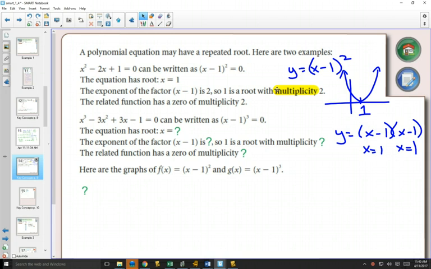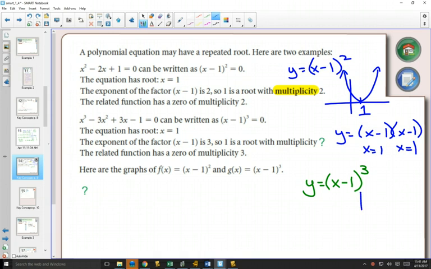So here is the graph of x cubed minus 3x squared plus 3x minus 1, which can be factored to be (x minus 1) cubed. Again, if you think about your transformations unit, what would (x minus 1) cubed look like? Well, it'd be an x cubed graph moved 1 to the right.